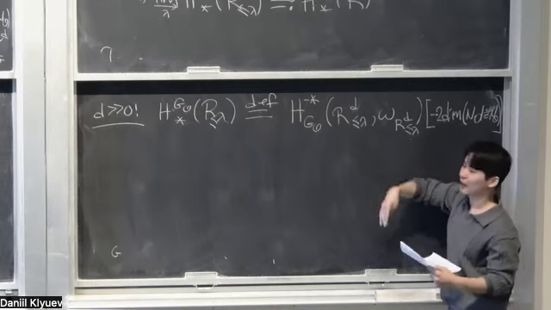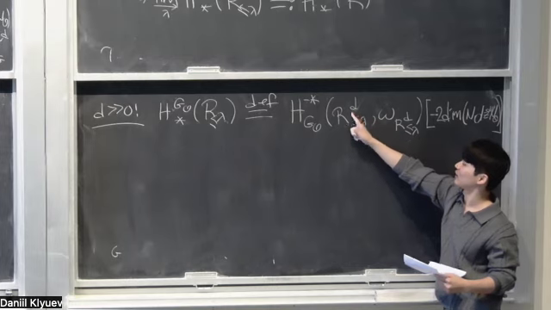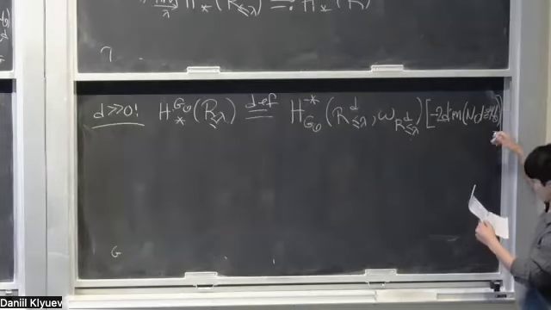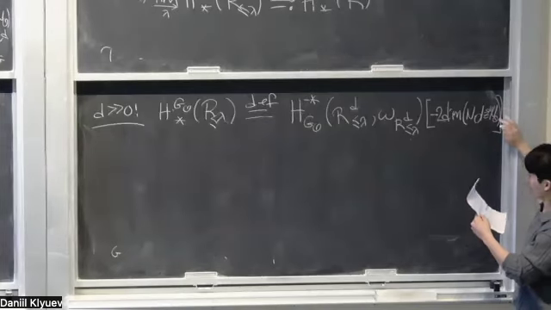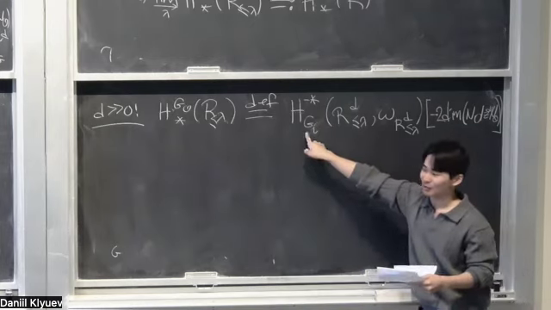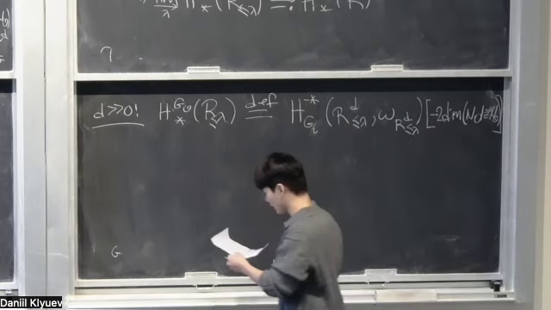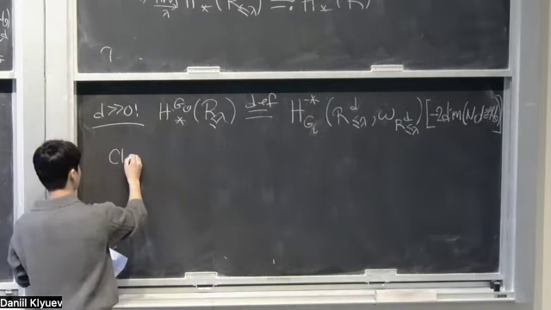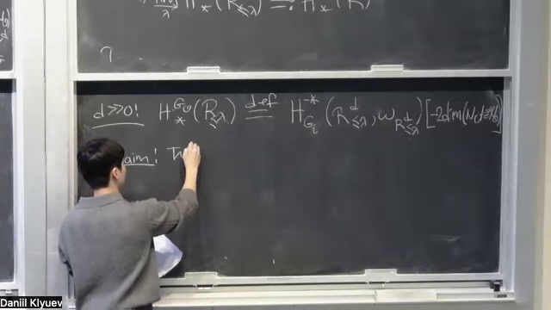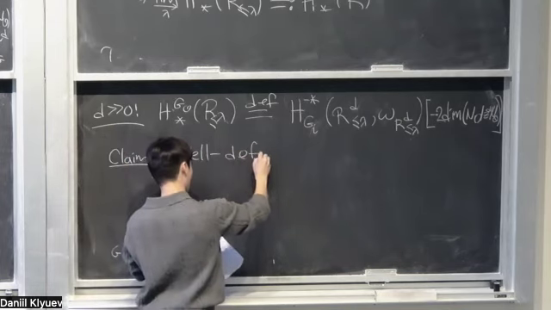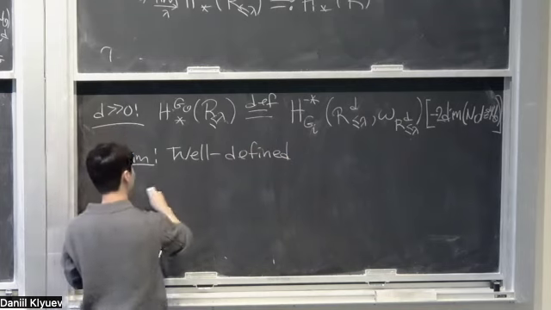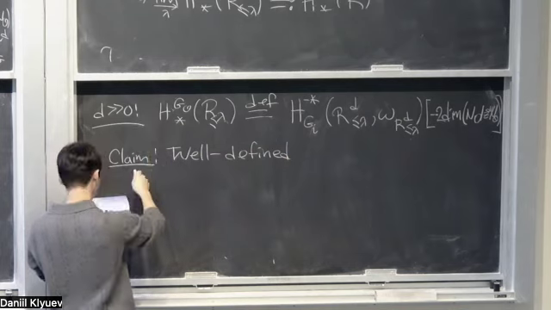But a priori, this looks like it might depend on D and also on I, the quotient that we apply. Well, the claim is that it doesn't, for D large enough, and I depends on D.